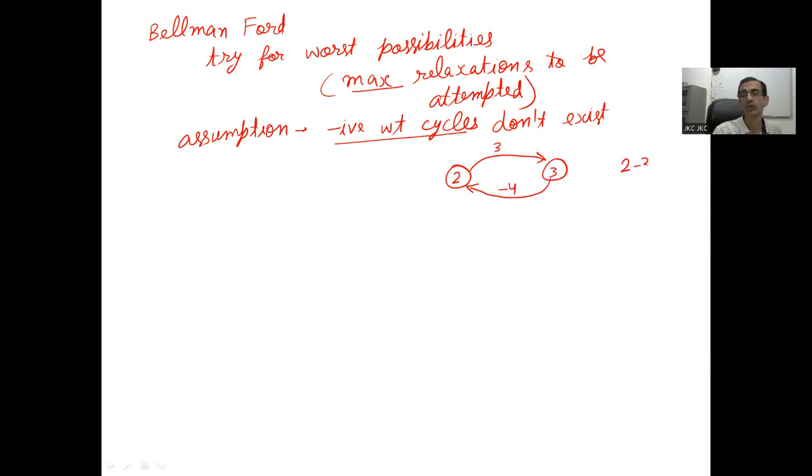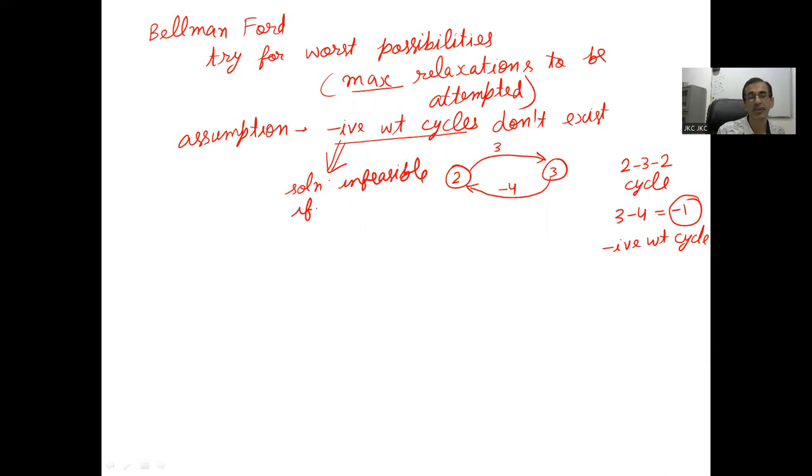So 2, 3, 2 is a cycle, and the cycle's weight is 3 minus 4, which is -1. This is a negative weight cycle, and it can create problems. The solution becomes infeasible or impossible if a negative weight cycle exists.